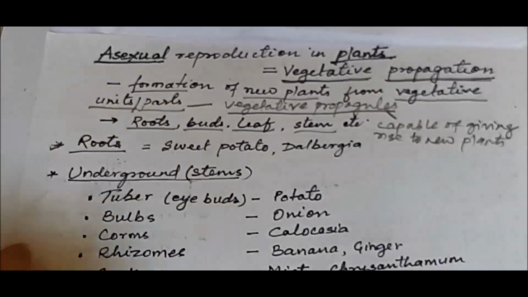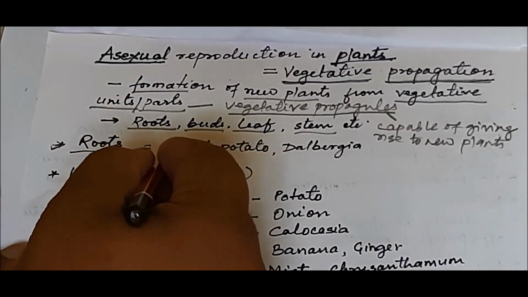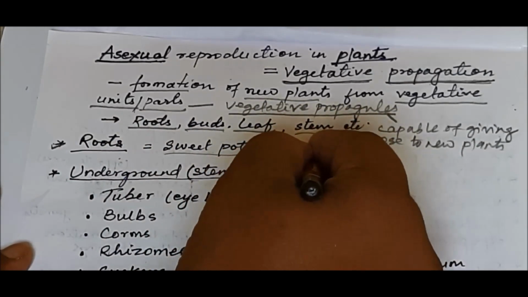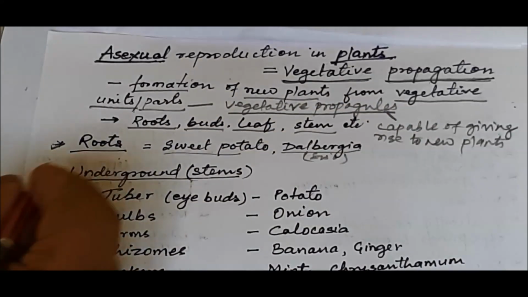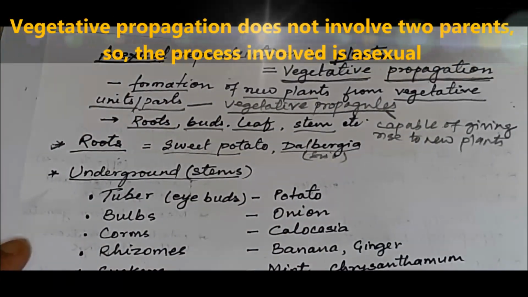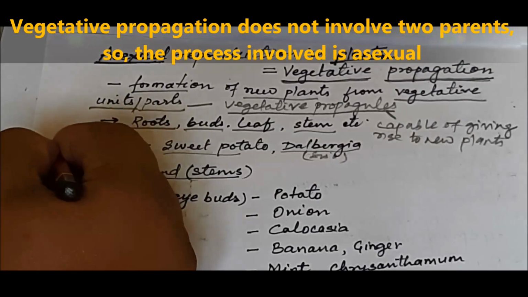Roots: underground roots, we have seen sweet potato and Dalbergia, that is also called shisham. In such plants, roots can give rise to a new plant. So these are the vegetative units.